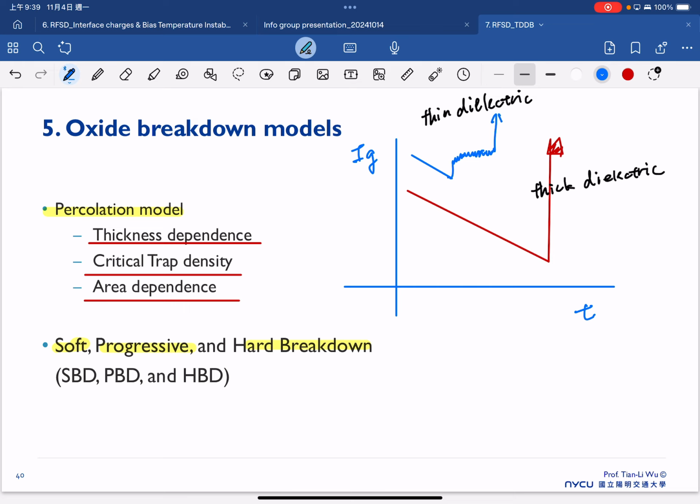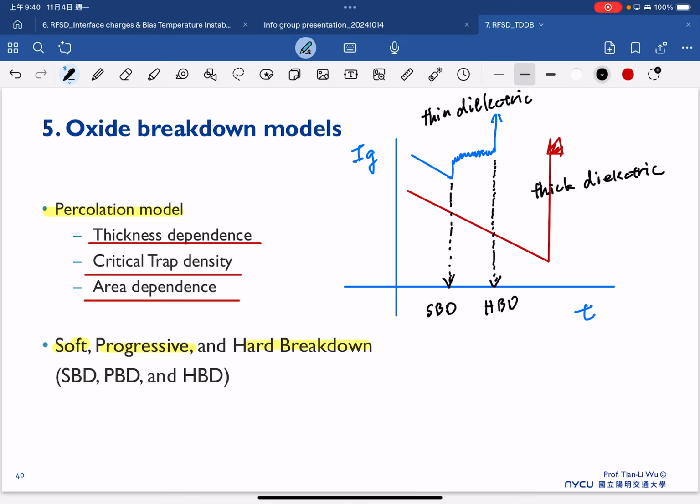From this curve, we usually define different phases. The first is a small increase of current and then the current becomes noisy, and that is what we define as soft breakdown. Afterwards, as long as the time is long enough, in the end the current will increase dramatically, and we define this as hard breakdown.